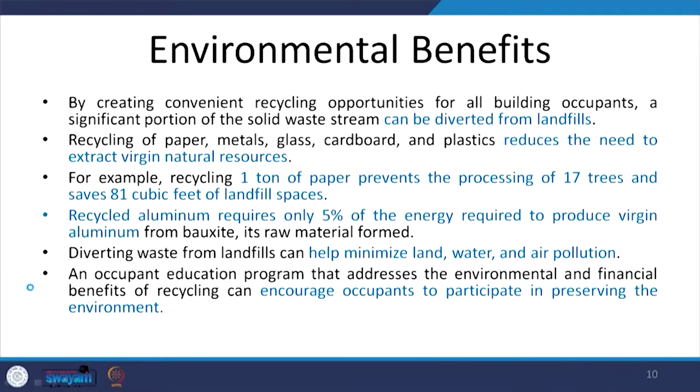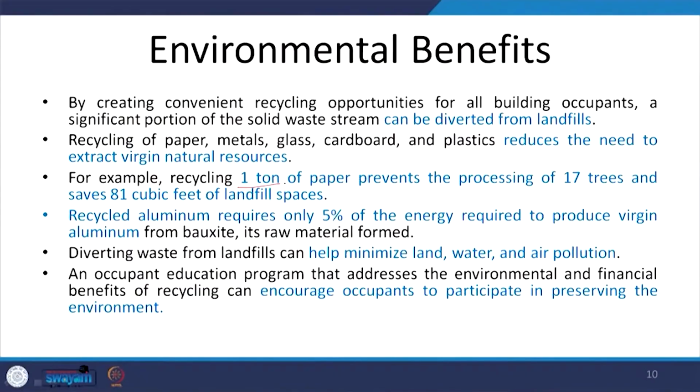Now, besides this, if we properly manage the solid waste, there are several environmental benefits which are just the opposite of all the environmental impacts that we have just talked about. For example, if we recycle 1 ton of paper, it prevents the processing of 17 trees, and it saves around 81 cubic feet of landfill space.